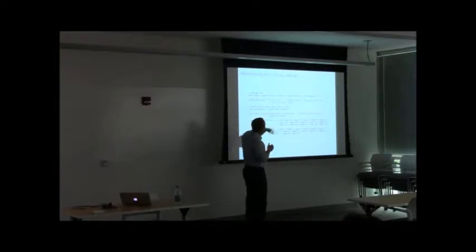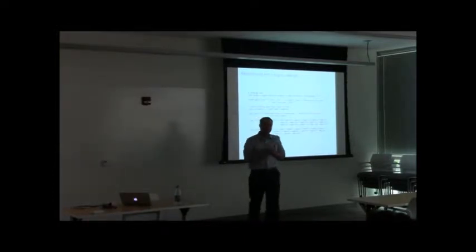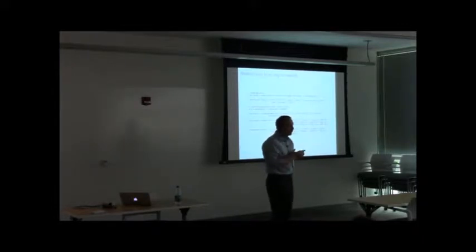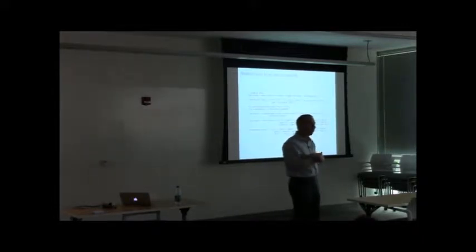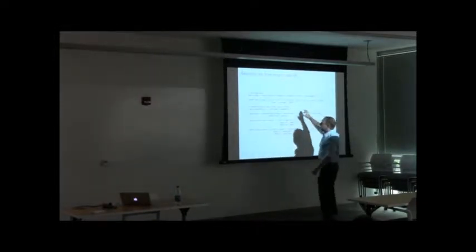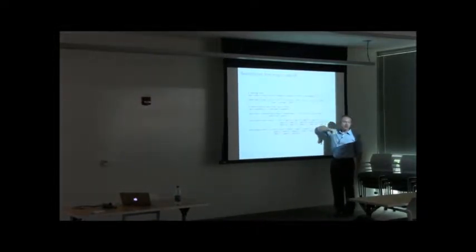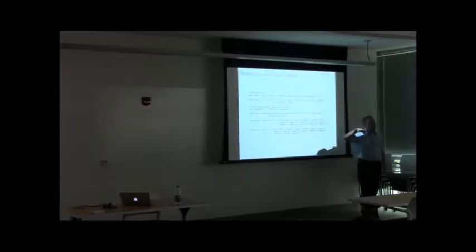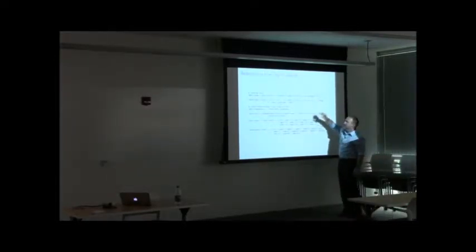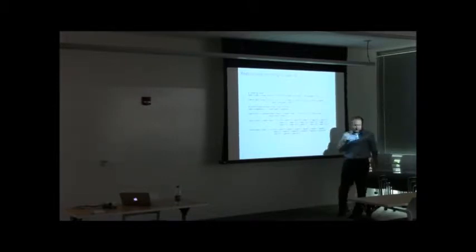In R, we can just use read.table. This is the location of the file. I say that I have missing data, and the missing data strings are dots. The next thing I do is provide the names of the variables in my data set, because I have no header. My data set is just numbers, so I provide names for all the variables.